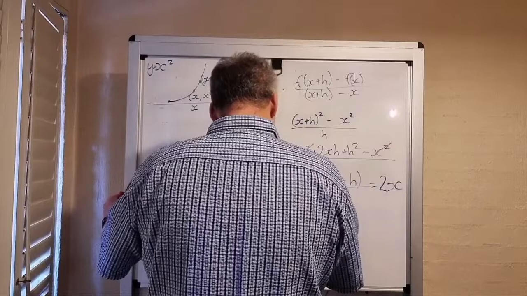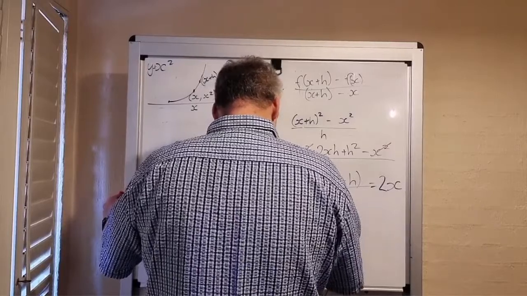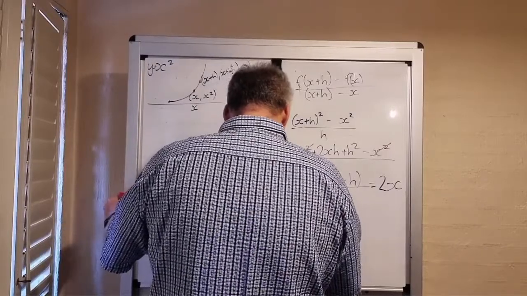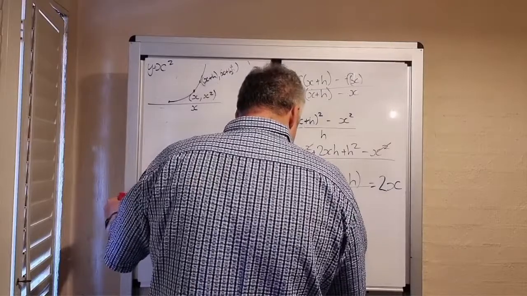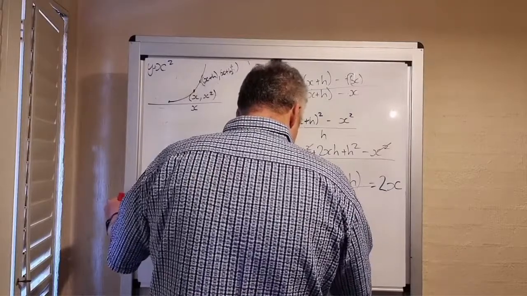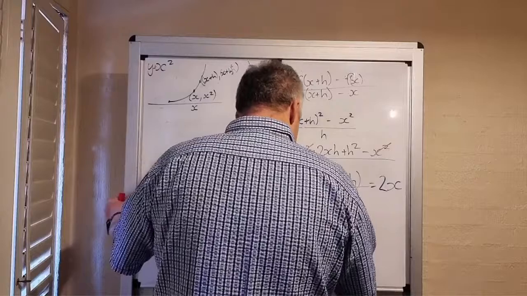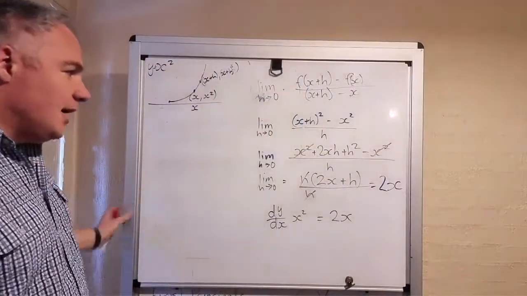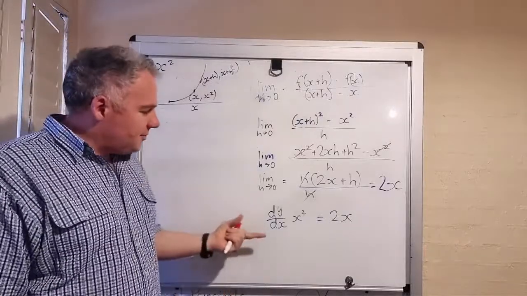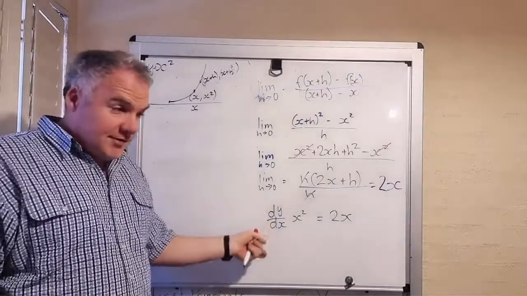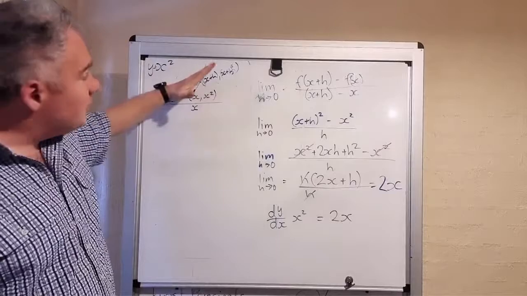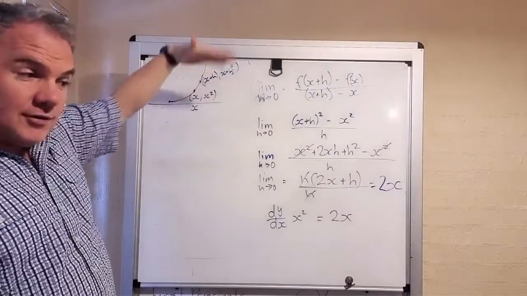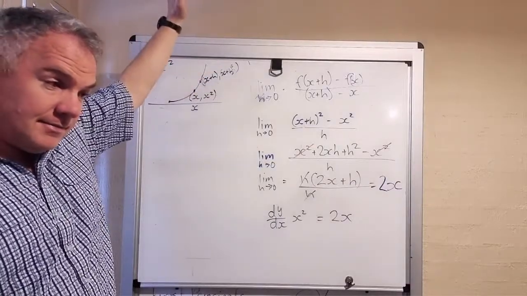Okay? And that derivative goes, the derivative of x squared equals 2x. Okay? And I've worked that out using first principles. This says find the derivative or find the rate of change for points along the graph.